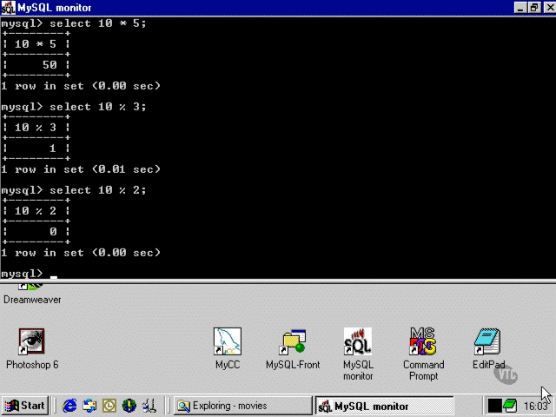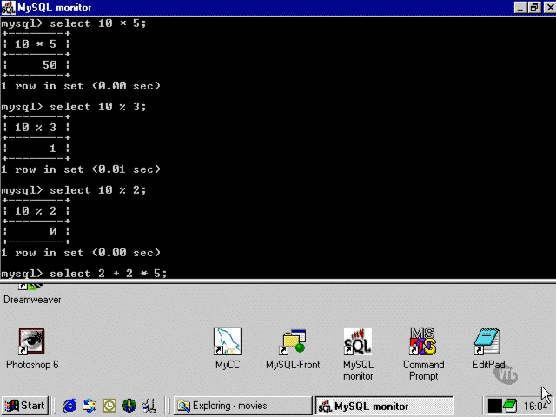Confusion can arise when we're trying something such as this. 2 plus 2 times 5. There is a little ambiguity here. Will MySQL interpret 2 plus 2 times 5 as 2 plus 2, 4, times 5, which would be 20?